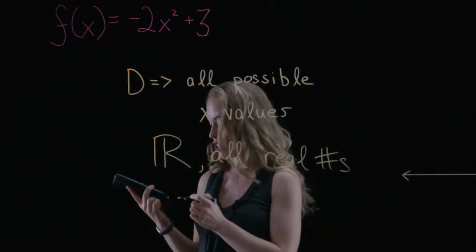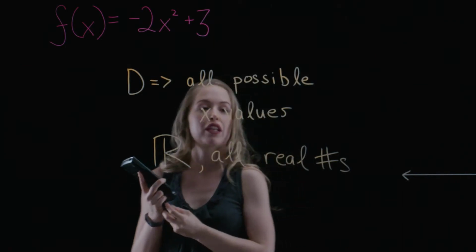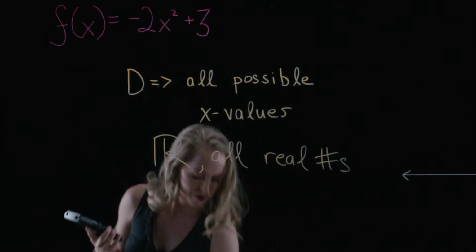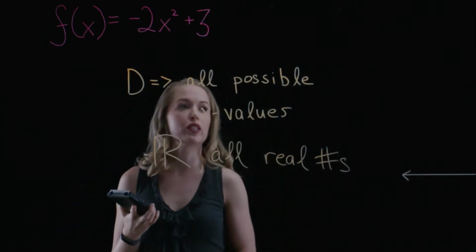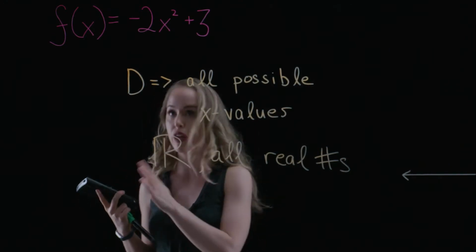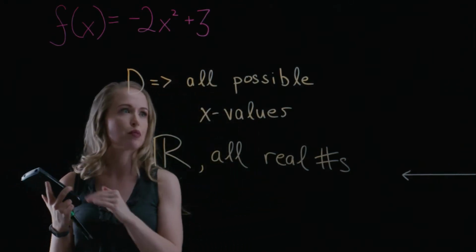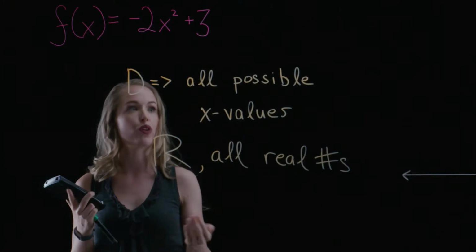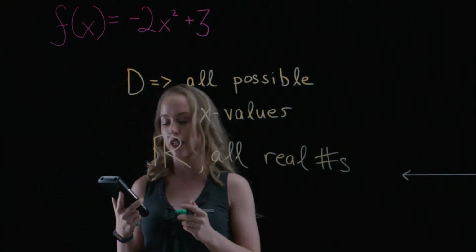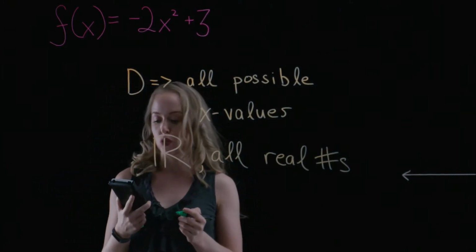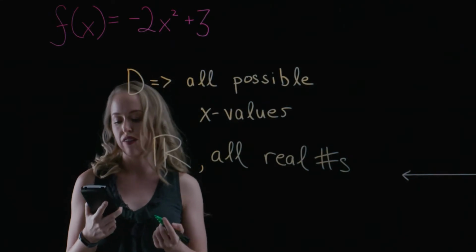Now range, that's going to tell me all possible y values. I always remember which one's which because domain and range is alphabetical order. D comes before R, X comes before Y. That's how I remember which is which. So for the range, we're looking at what are all possible y values.